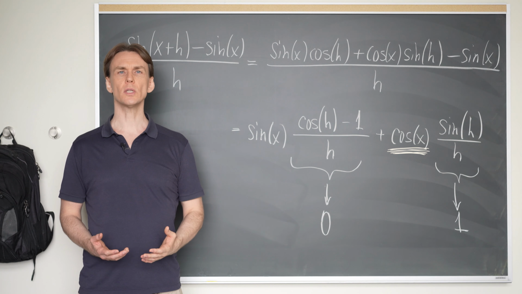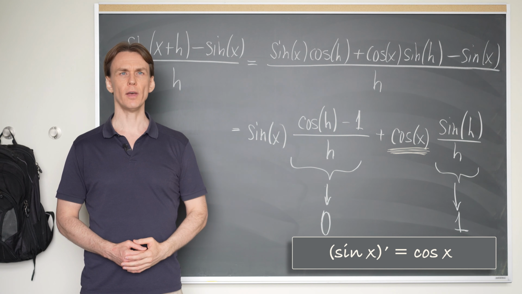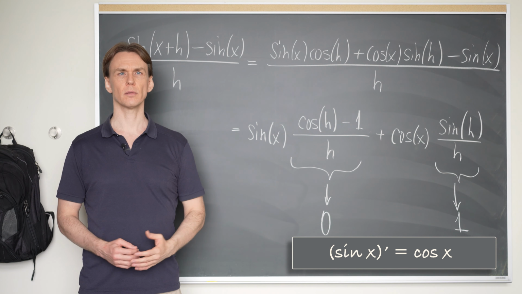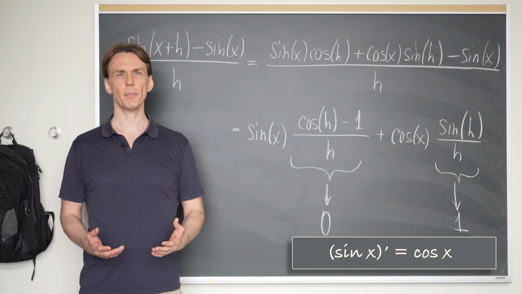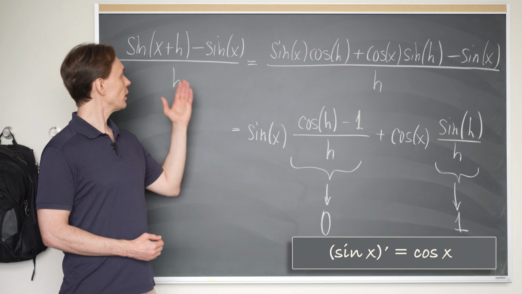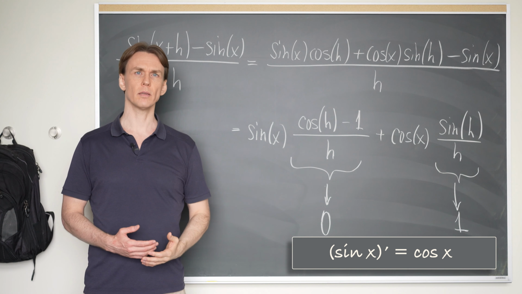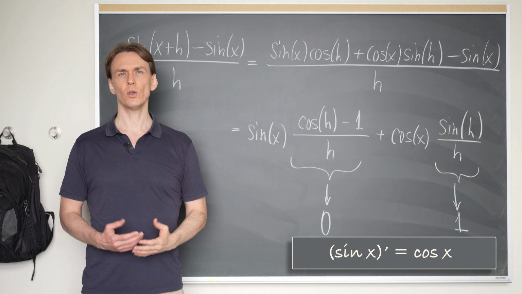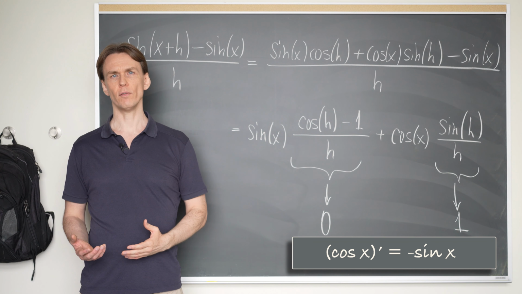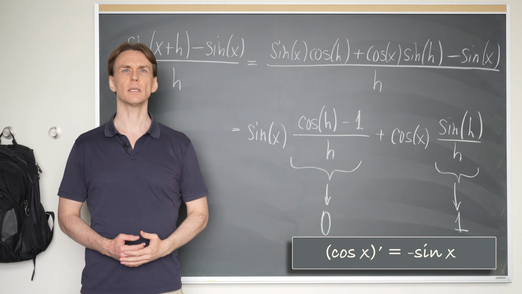And so this shows that the derivative of sine of x is equal to cosine of x. And exactly the same calculation, just using at the first step the trigonometric formula for the cosine of the sum of two angles, you can check that the derivative of cosine of x is equal to minus sine of x.